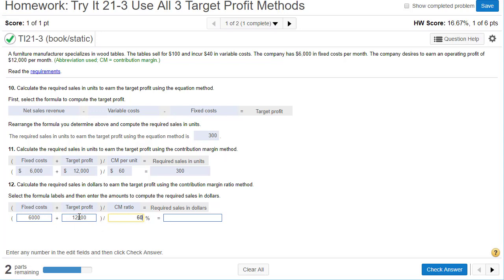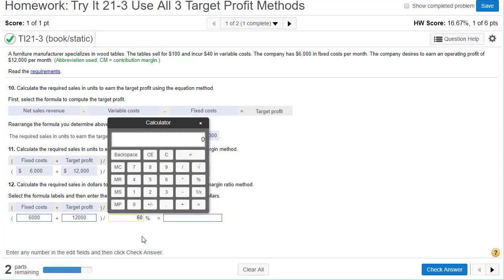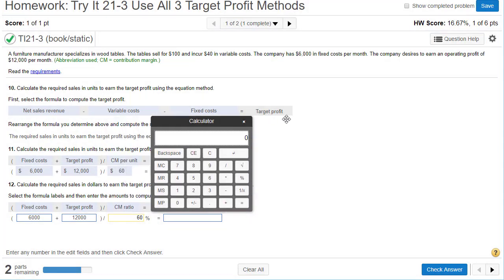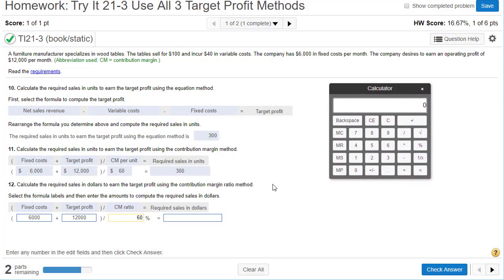So 18,000 divided by 60%. Now, the way we do that is we need to convert the 60% to a decimal. And to do that, you're just going to divide 60 by 100, which gives us 0.6 or 0.60. So we're going to take 18,000 divided by 0.6.